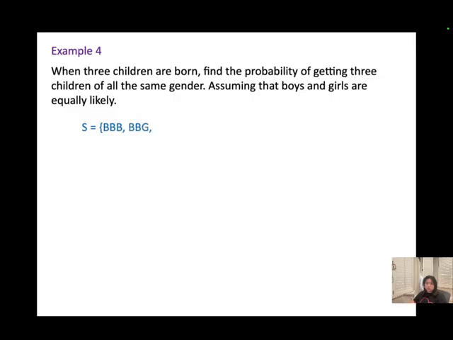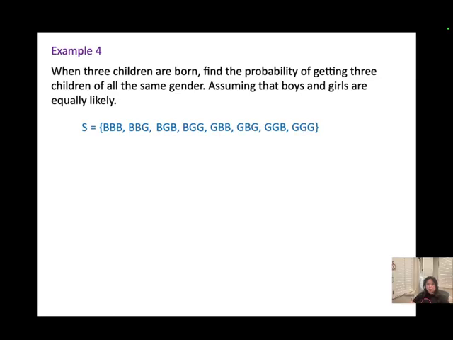So second one, it can be boy, boy, girl, boy, girl, boy, or boy, girl, girl. Keep going to write the rest of it. Okay, so double check I didn't duplicate any one of it. So I do have 1, 2, 3, 4, 5, 6, 7, 8. Okay, I do have 8 total outcomes.